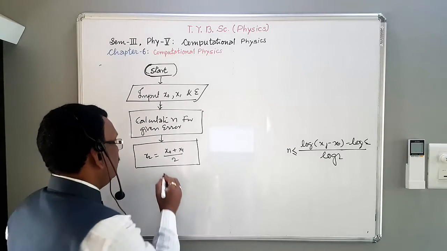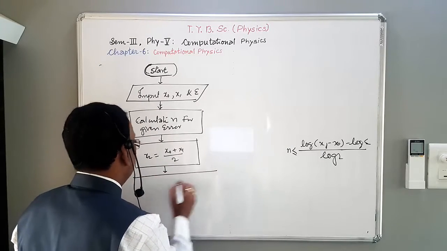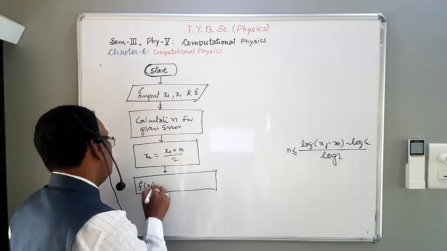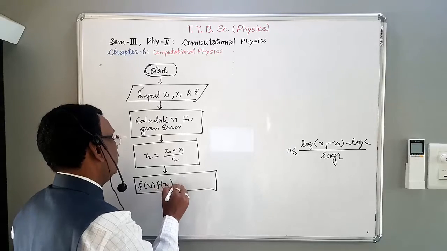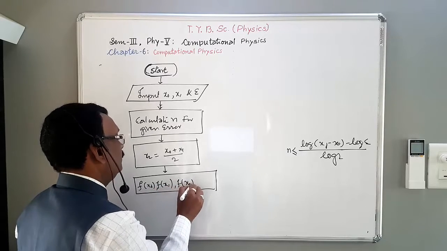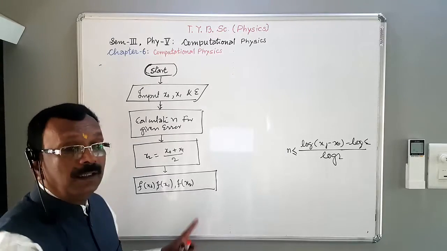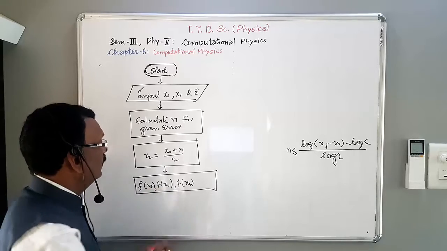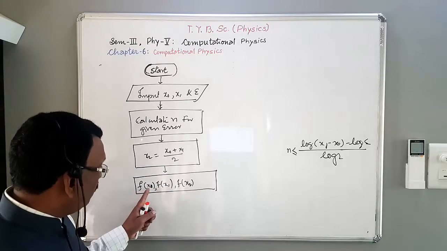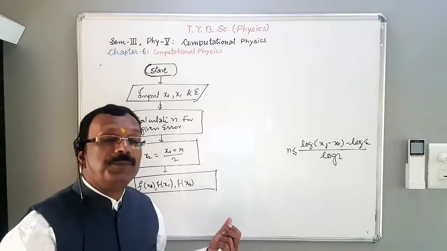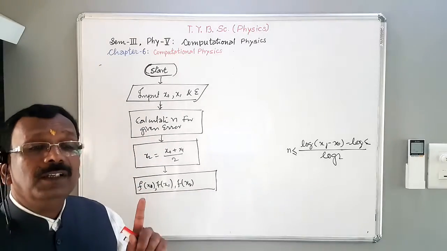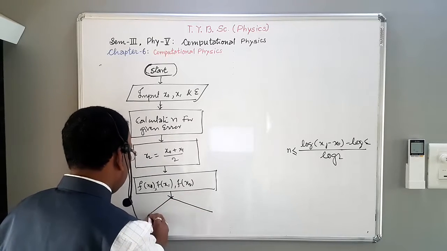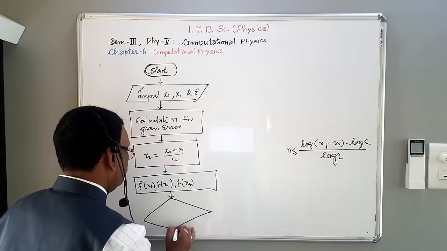Then after that we have to calculate f of x0, f of x1, f of x2, etc. After calculating the values of f of x0, f of x1 and f of x2, we have to decide by using this decision block.